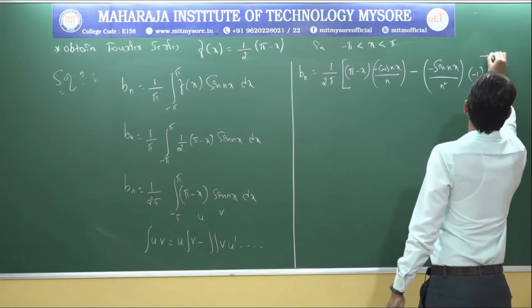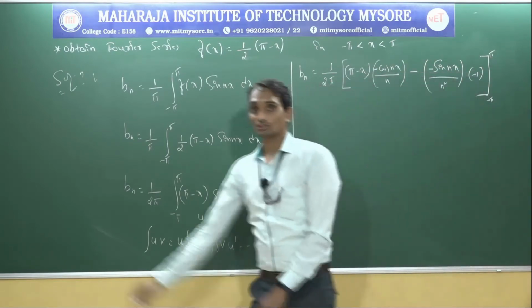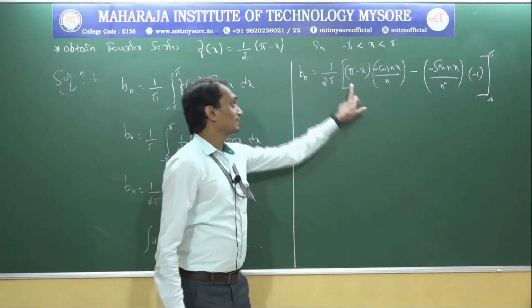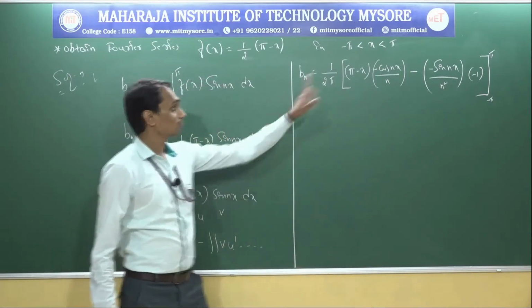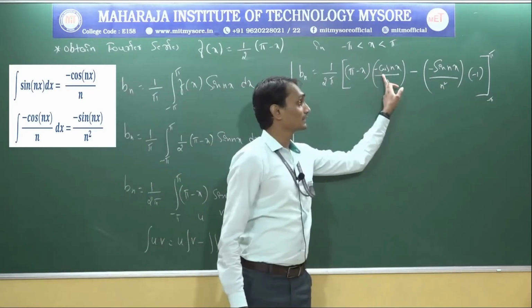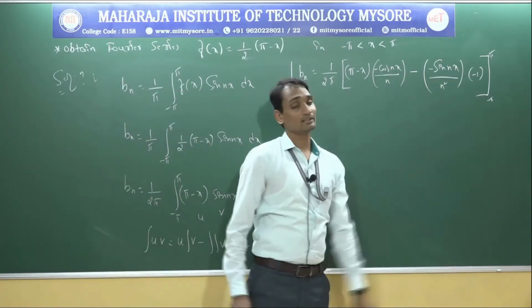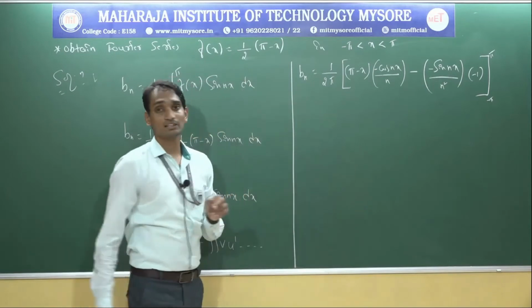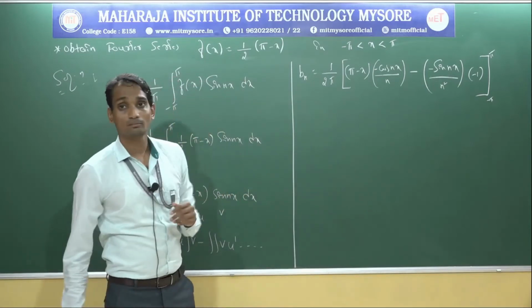Integration limits are minus pi to plus pi. Integration of sin becomes minus cos nx by n, and one more time minus sin nx by n square.